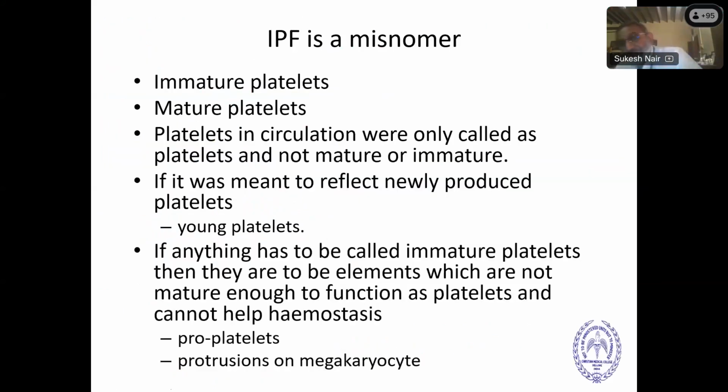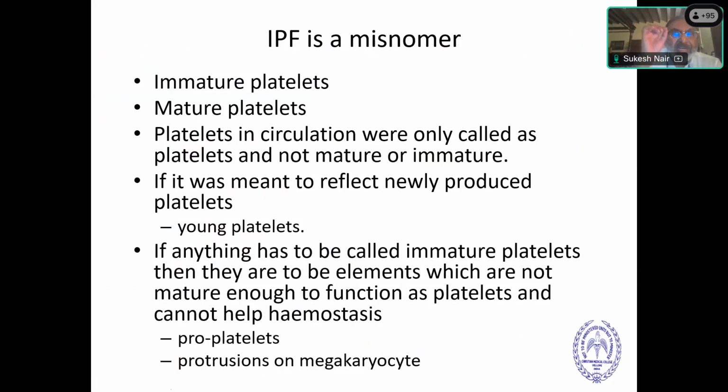So IPF, a misnomer. In fact, there's a beautiful article written by Mario Plebani, who everybody quotes for all the pre-analytical errors. Mario Plebani very clearly wrote that IPF is an injustice given to large young platelets, because large young platelets are functionally more active than normal platelets.